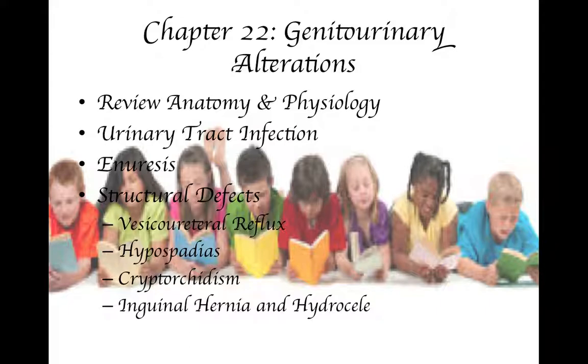As far as nursing management and family teaching goes, nursing care for the inguinal hernia and hydrocele focuses on teaching the caregivers about the surgical procedure, preoperative and postoperative care, and signs and symptoms of complications such as wound infection and strangulation.